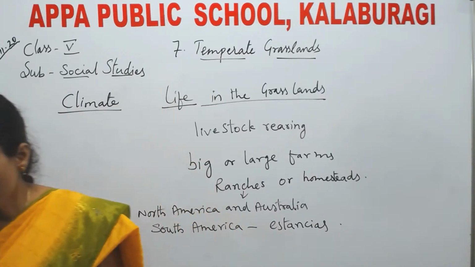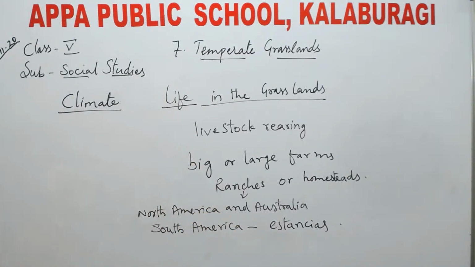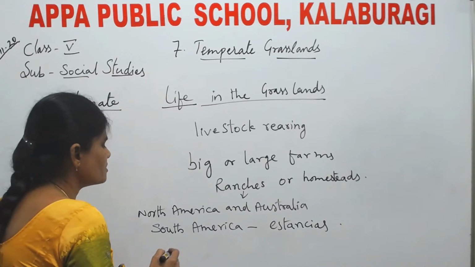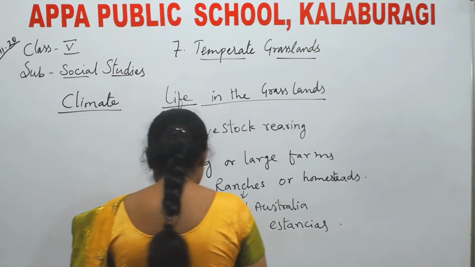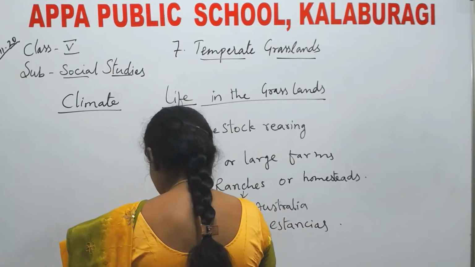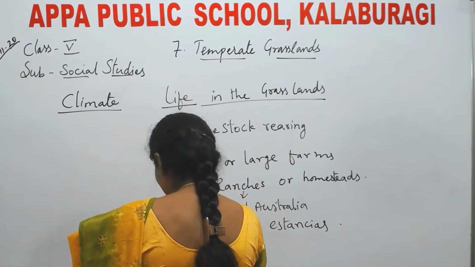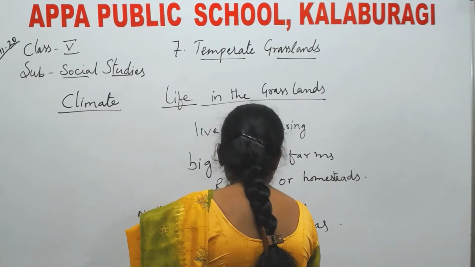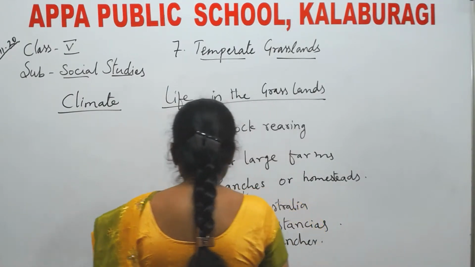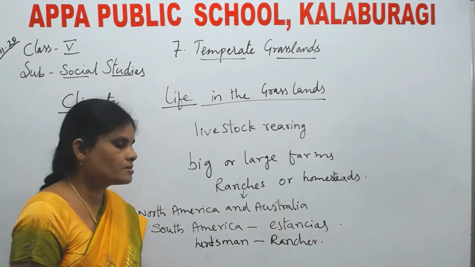Understood? Here, the person who looks after the herd is called a rancher. The herdsman is called rancher. Who is rancher? Rancher is nothing but the herdsman.